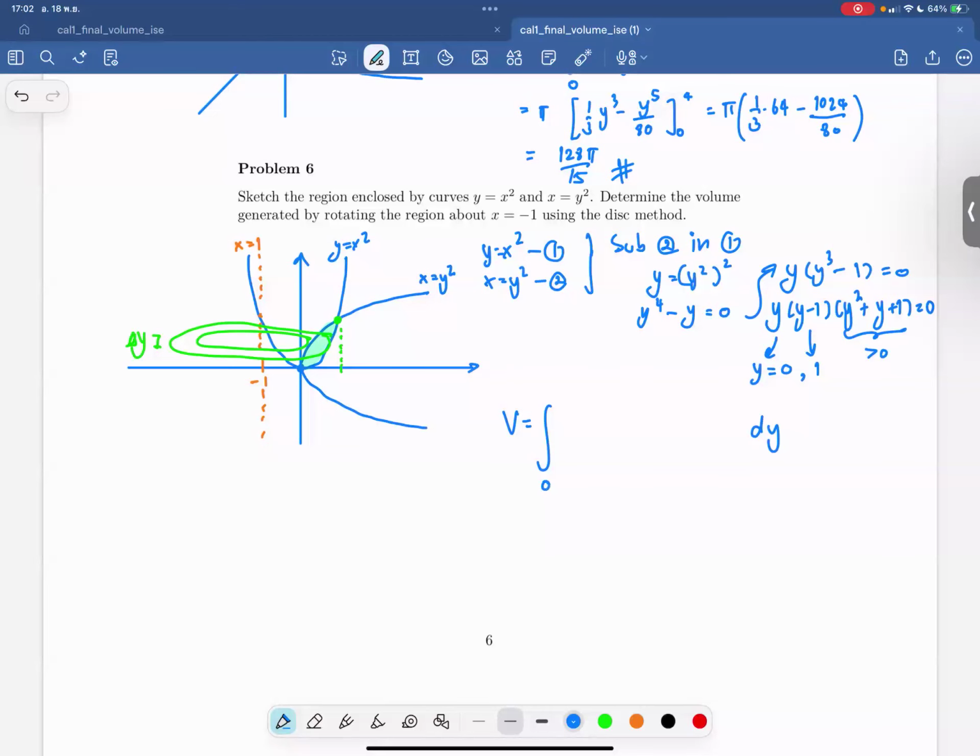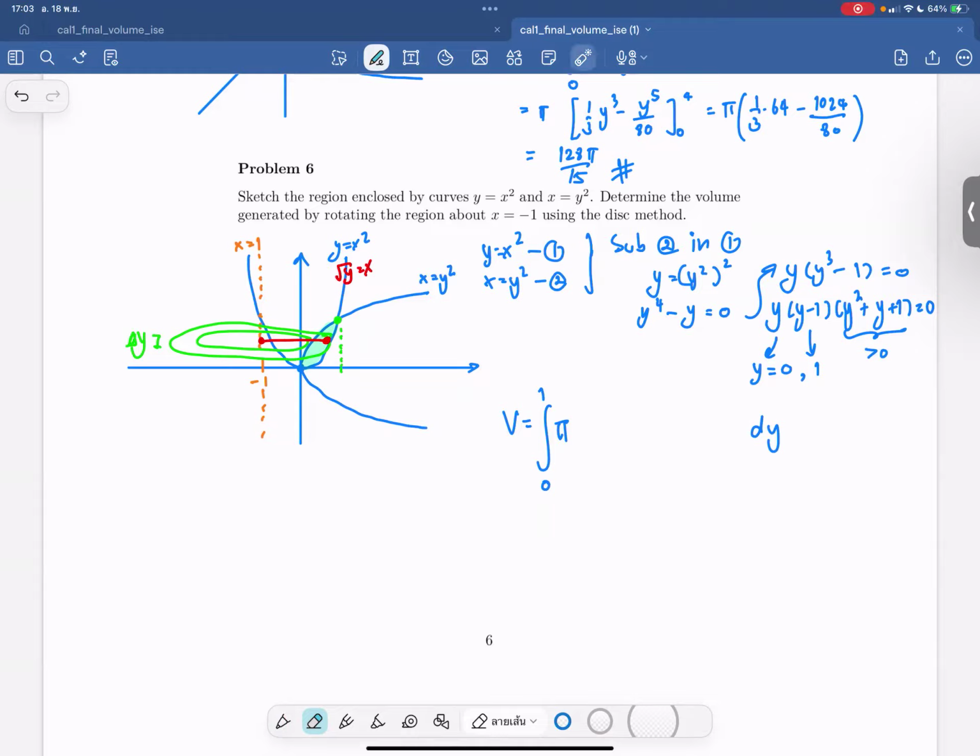And now we need to determine the value of the outer radius and the inner radius again. For the outer radius, it should be the value of the function y equal to x squared, right? But now we need the function in terms of y, so I may isolate x as the square root: x equal to plus or minus square root y, right? But we are dealing with the right part, so I may use the plus sign over here.